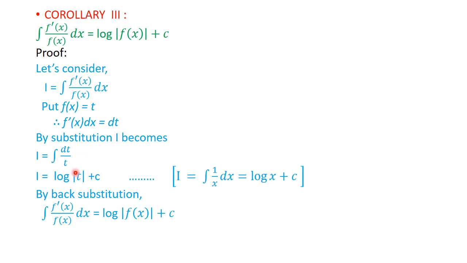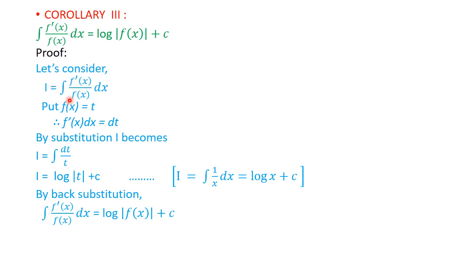Now again we want to obtain the result in terms of x. So by back substitution, t is replaced by fx. Therefore we have log of fx plus c. Therefore integration of f dash of x by fx dx is equal to log of mod of fx plus c. See students, it is very easy to prove the corollaries or theorems. What you want to prove is given there.